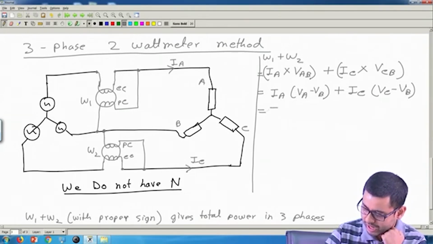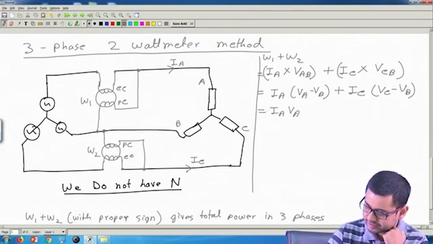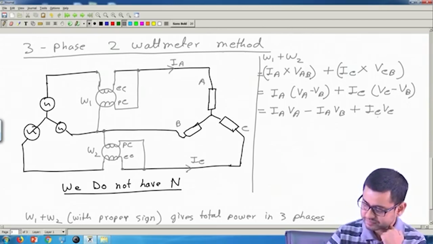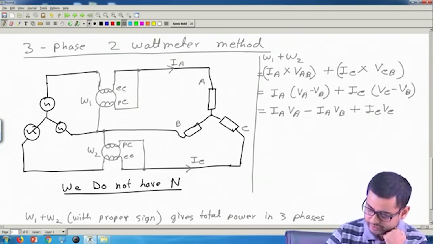We have IA VA minus IA VB, this term, plus IC VC. Okay. What is VA? VA is basically the voltage from this point to the neutral. So this is the reference point, 0 volt. This is VA, this is VB, this is VC.